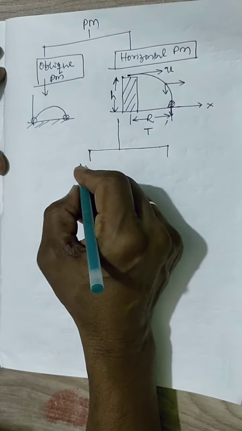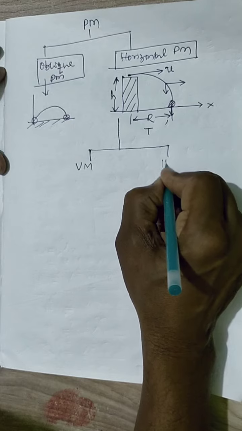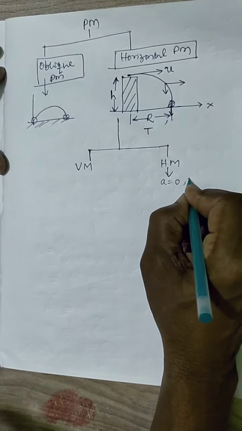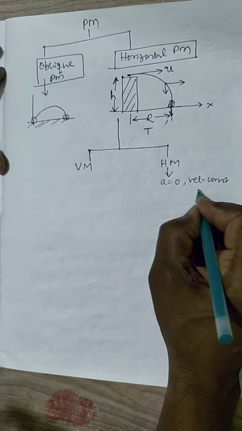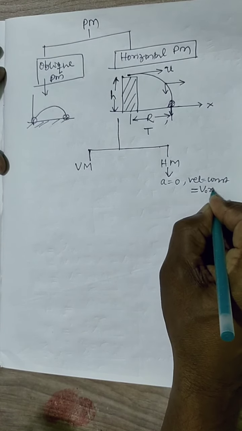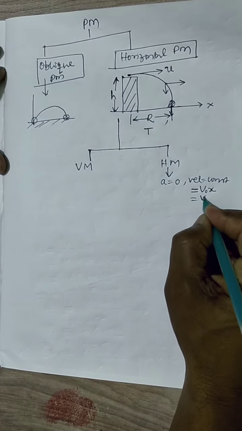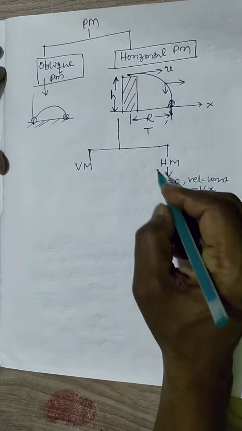Here again it will have its vertical motion and horizontal motion. Horizontal motion: acceleration is equal to 0, velocity constant. This velocity is nothing but the initial velocity v, the velocity at which the object is thrown.